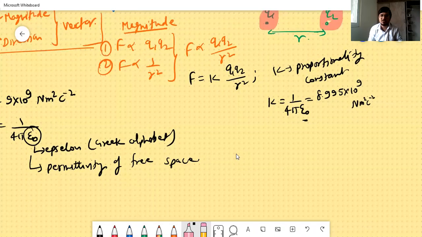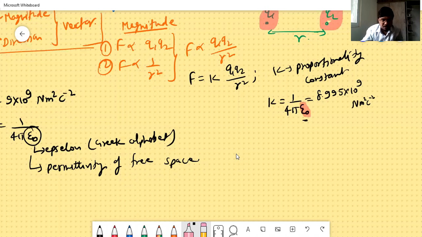That's why we are using the epsilon naught over here, which is actually permittivity of free space. As soon as the system is kept inside any medium, we will have to write the permittivity of that medium over here. I will talk about this in my next lecture. Okay, for today, just know this much.